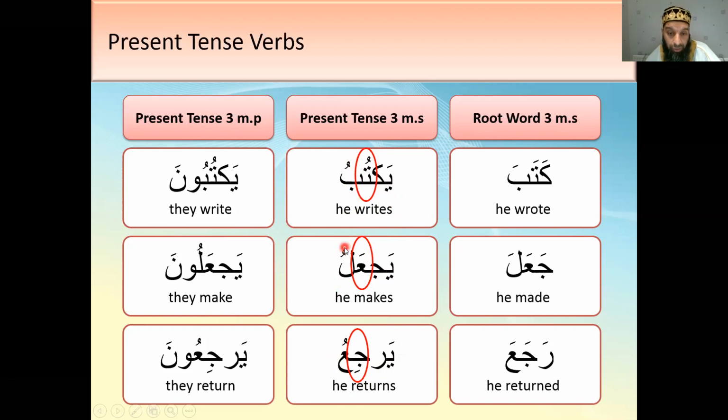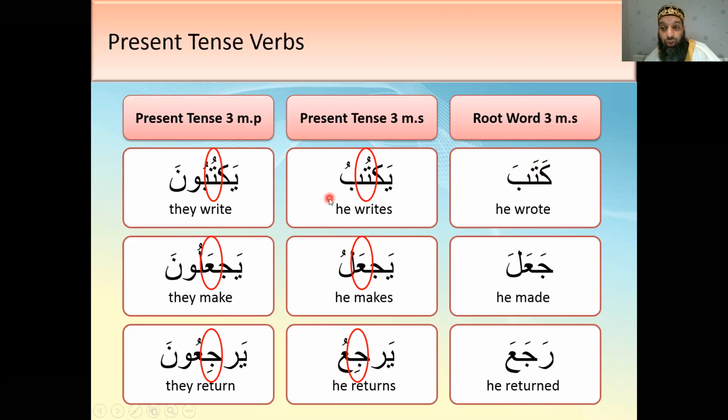Yaktubu, yaj'alu, yarji'u. But the third letter, the one that I've highlighted here, for this verb, it's a dhamma. And there's no rule, you just have to learn that for kataba, this letter in the present is a dhamma, a pesh.